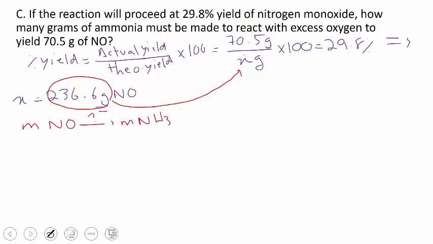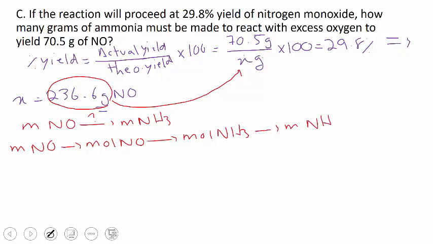Obviously we can't do this in one step. We're going to do this in multiple steps. So from mass of nitrogen monoxide, we're going to find moles of nitrogen monoxide. And from the balanced reaction, you find moles of ammonia. And once you have moles of ammonia, you're going to find mass of ammonia.